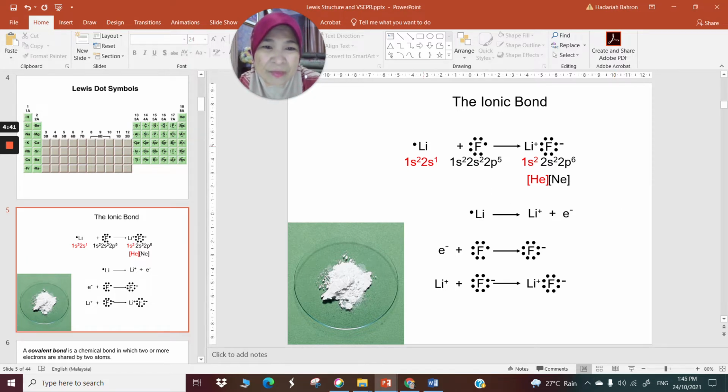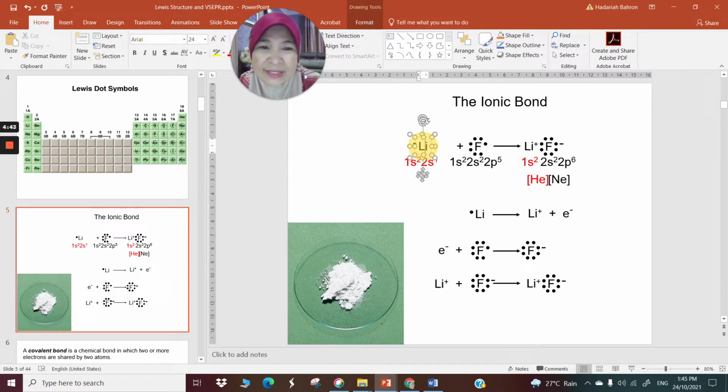For lithium, you have 1 valence electron because the electron configuration for lithium is 1s2, 2s1. The 1s2 are inner electrons, so they're not participating in any bonding whatsoever.